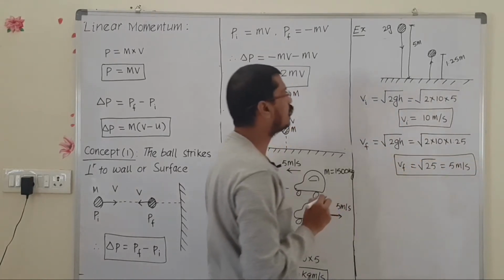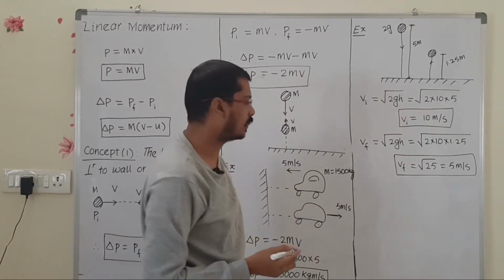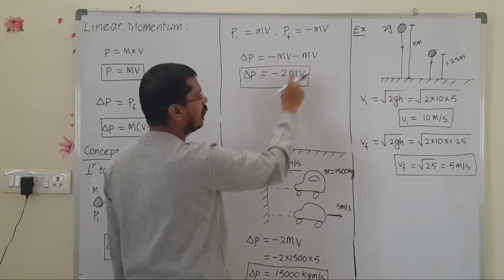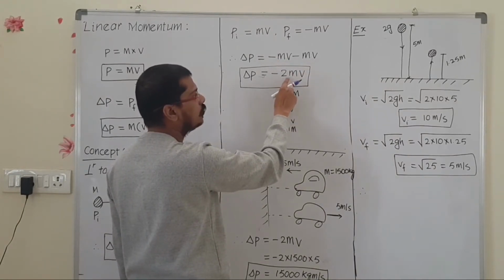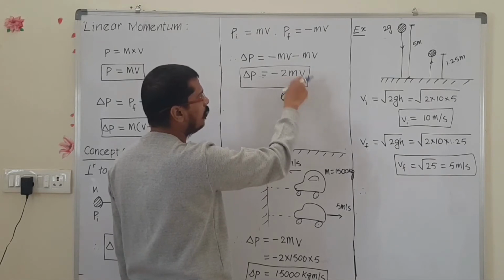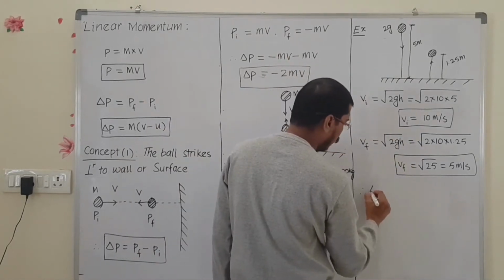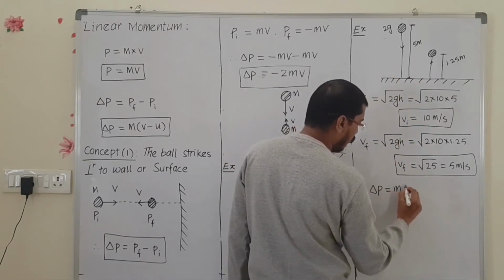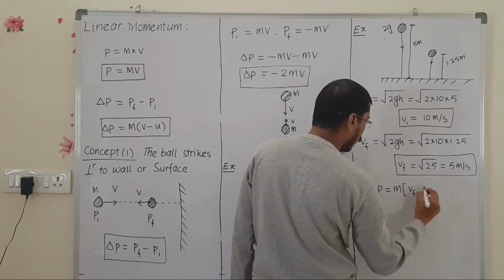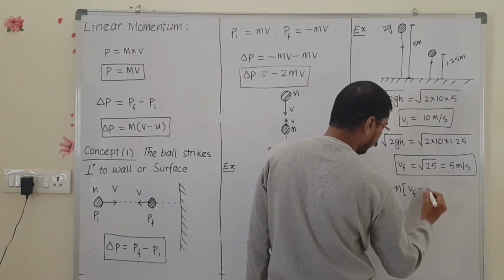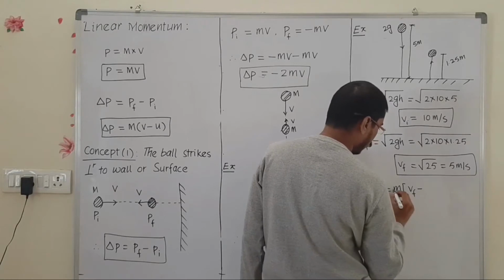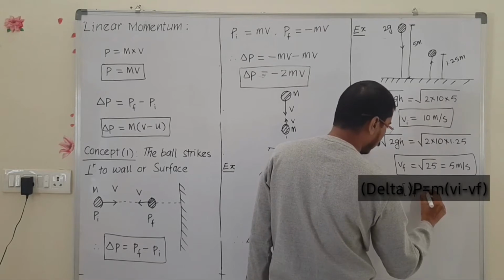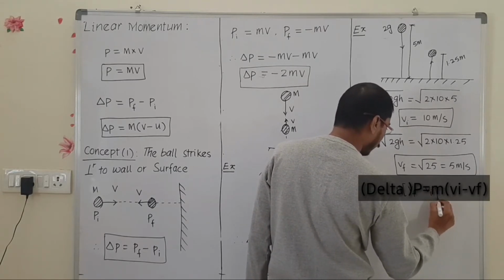Now we can find out the change in momentum. After striking, what is the change in momentum? Whenever the velocities are the same in magnitude, we can directly write minus 2mv. But here we have to use the formula. Therefore, change in momentum equals mass, which is common, into final velocity minus initial velocity.